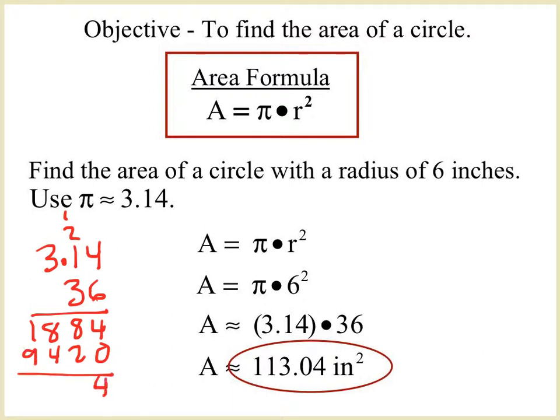Multiply it out and add. We have to deal with our decimal digits. I have 2 decimal digits. Look at them in blue. Starting at the right I count over once, twice. So my answer is 113.04 square inches.